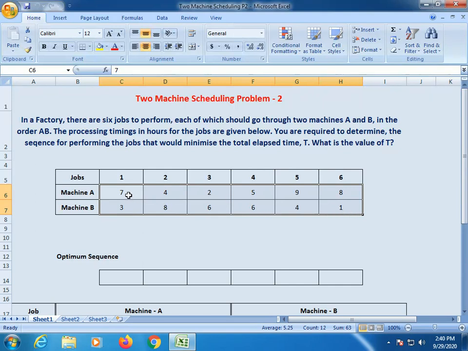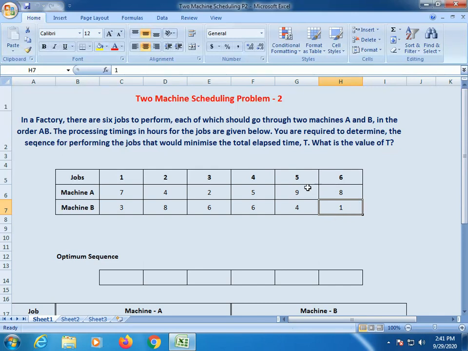So here, what is the shortest processing time? What is the shortest value? Here 1 is the shortest value, and there is no other one value. So here we have only one shortest processing time.